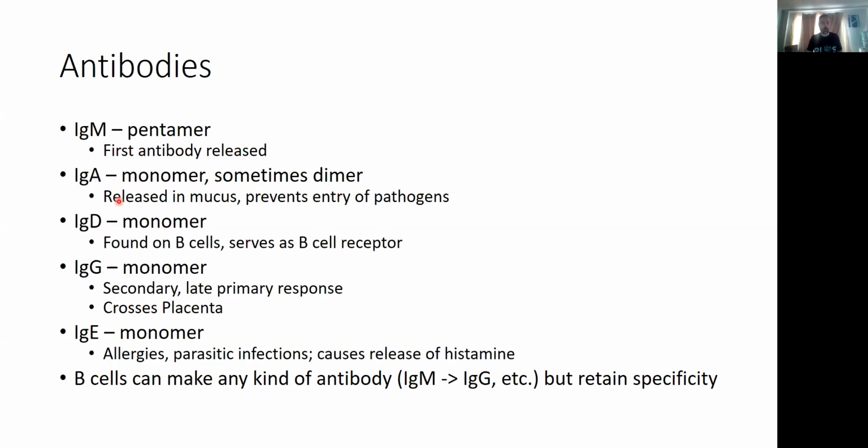So we start off making IgM, and eventually we start replacing it with IgG. It's a little bit smaller, a little bit easier to kind of get around. And IgG will cross the placenta. So when we talk about naturally acquired passive humoral immunity, this is what that's going to give us. So we get this from mom.